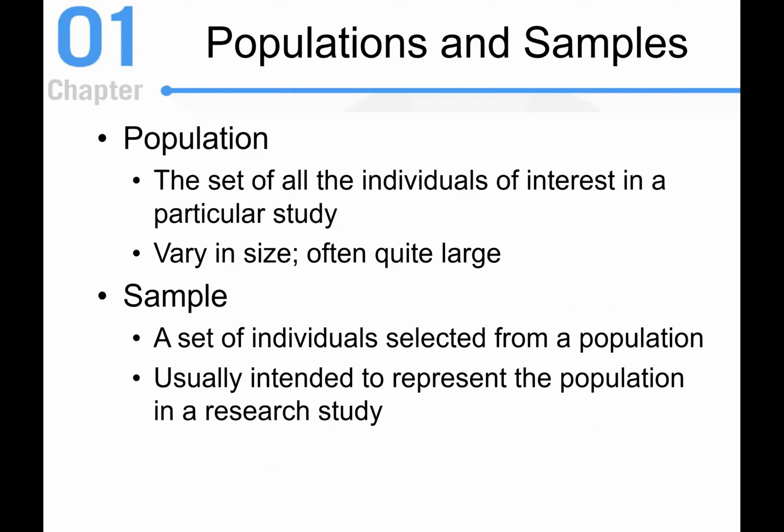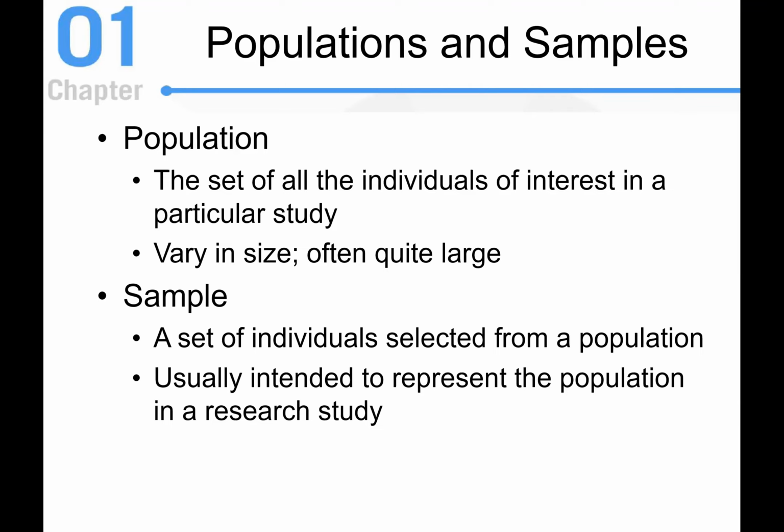So one of the first and most important things to understand is the difference between what are called populations and what are called a sample. A population is going to be the set of all the individuals that the researchers are interested in a particular study.